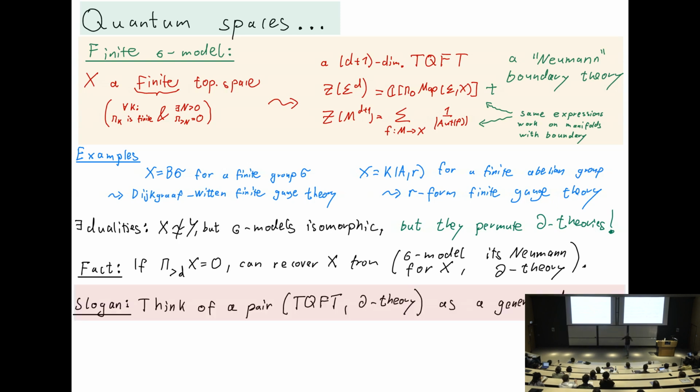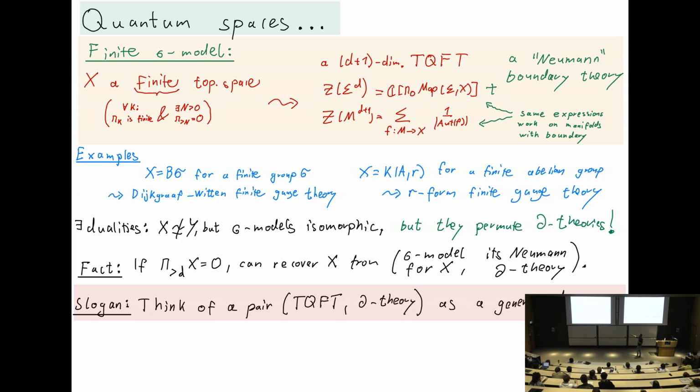So what I should now do is pretend such a thing is a generalized space, and I should do everything I've done with spaces for pairs of a TQFT and a boundary theory. And I should counter-check the things that I've done by comparing them to what happened in the case that this is a sigma model with its Neumann boundary theory. So why do we care about such things?